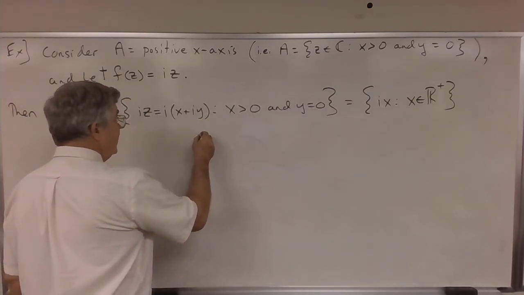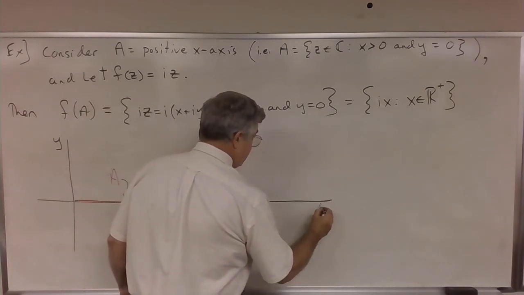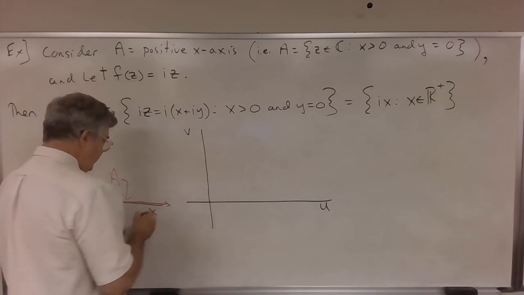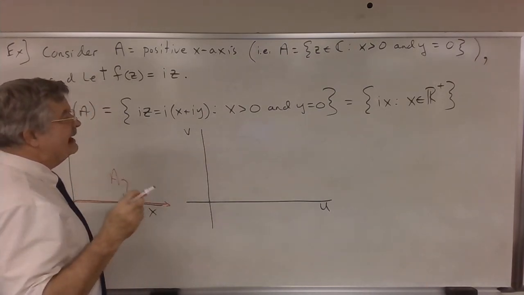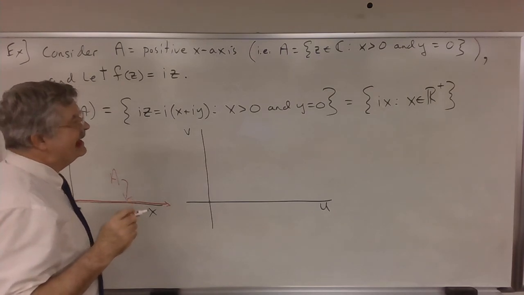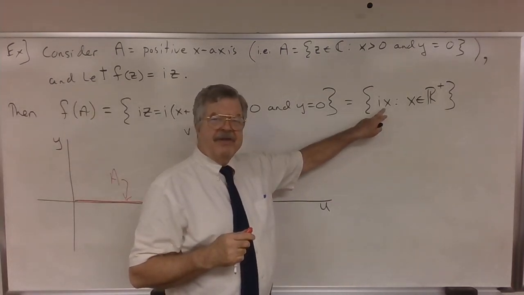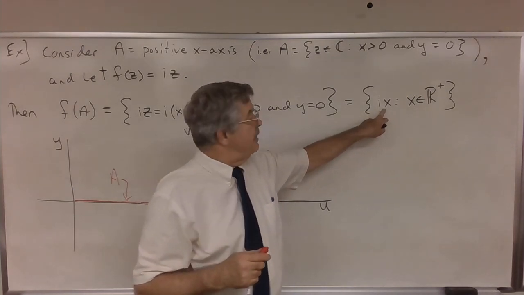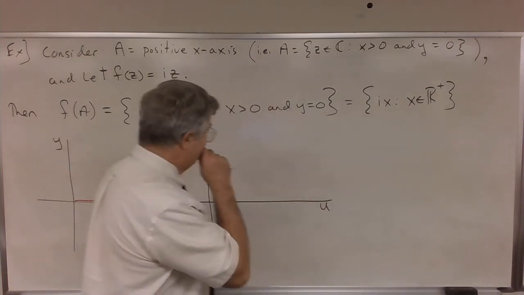So let's see what that image looks like. Here's U, here's V, and we're looking at all of the, what is this? This is actually the set of all imaginary numbers where the imaginary part is positive, right?